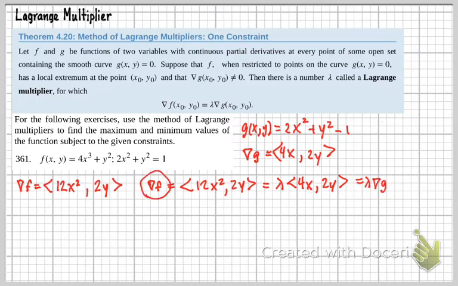And that's what we see here: gradient of f equals lambda gradient g. That's what this is here. Okay, so now that gives us equations here.